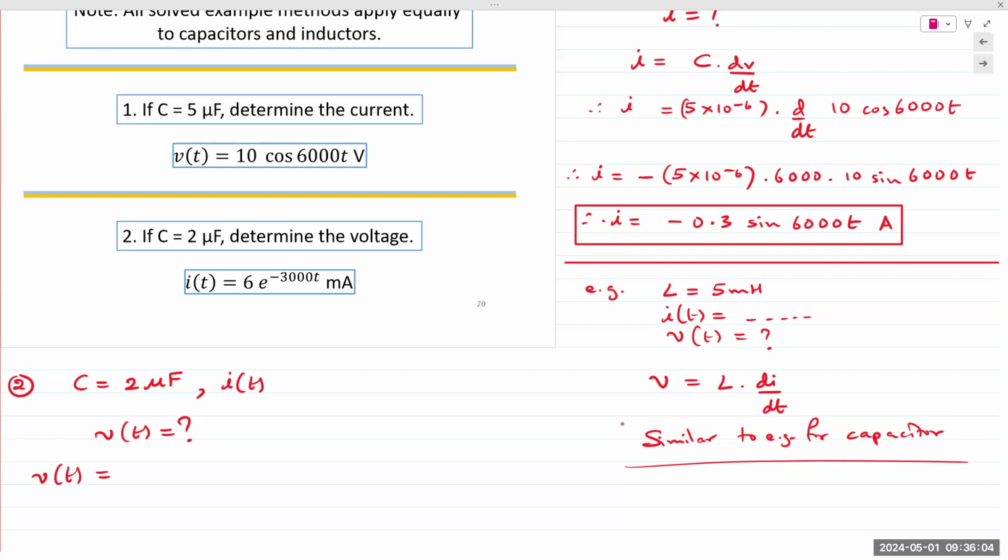v of t is 1 over C integral 0 to t, or t0 to t, either way it's fine, of i dt. There is an extra term at the end, which is called v at 0 or v at t0.